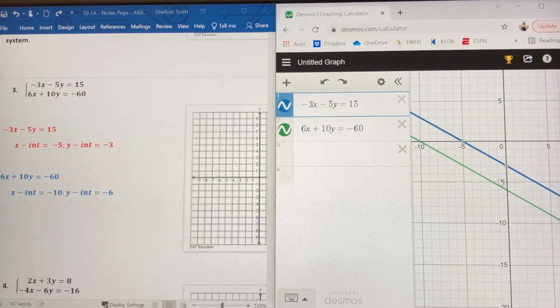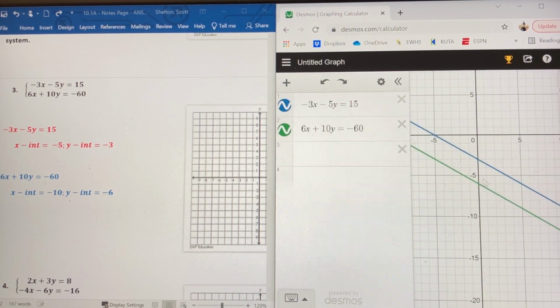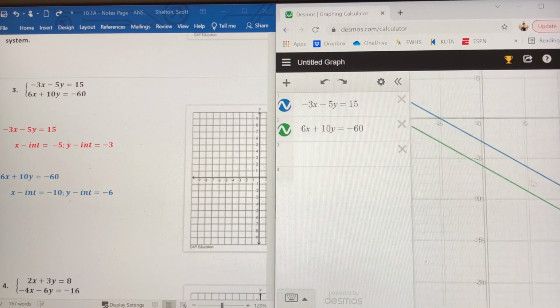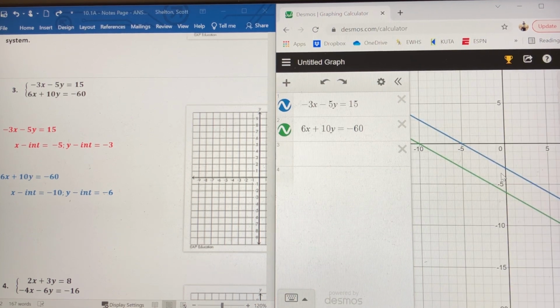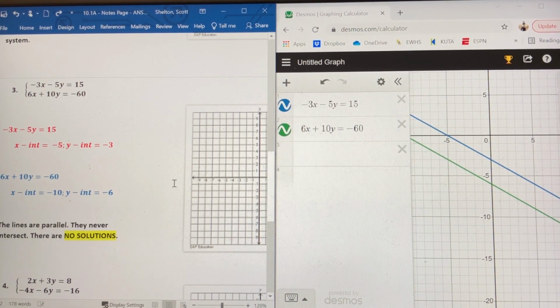Now, no matter what I do, moving this graph, you see these lines are never going to intersect because they're parallel. Because they have the same slope, they never intersect. If the solution is the intersection point, and there is no intersection point, then we say this type of system has no solutions. So if the lines are parallel, there are no solutions because there is no intersection.